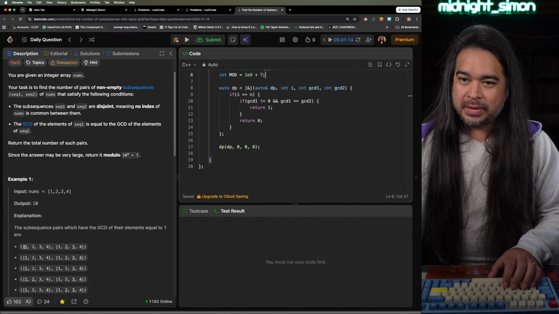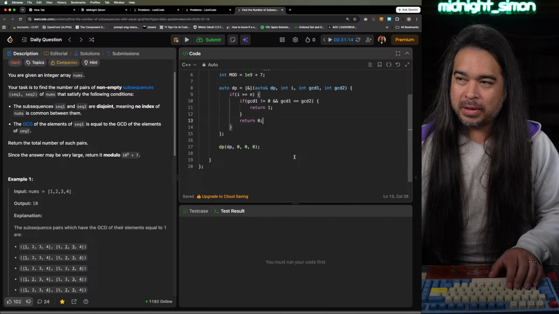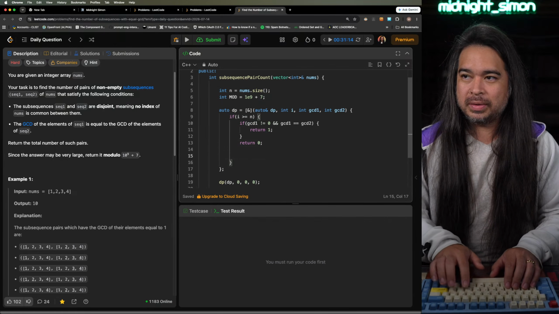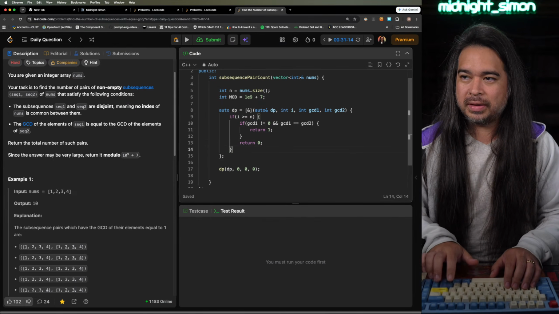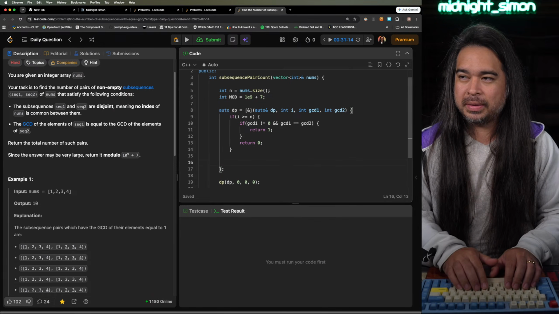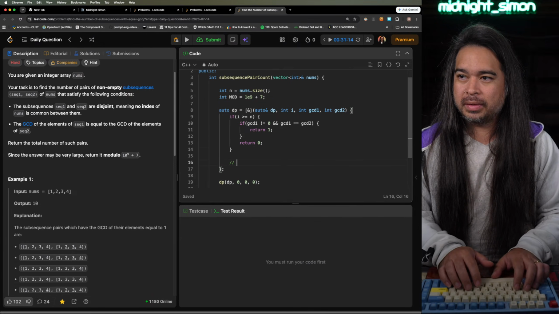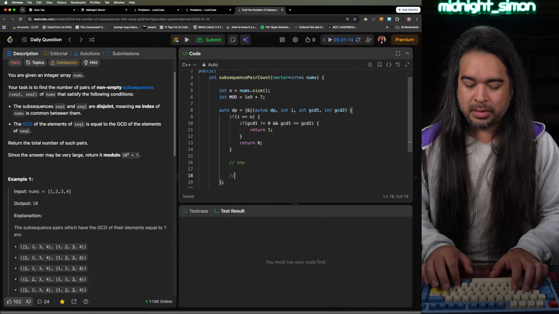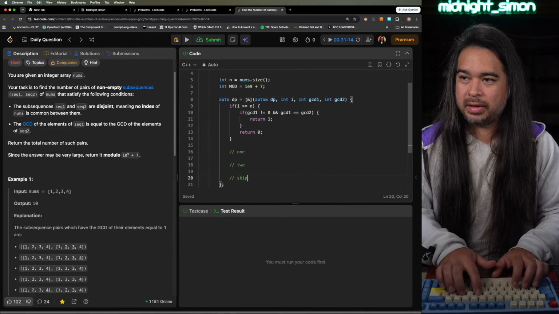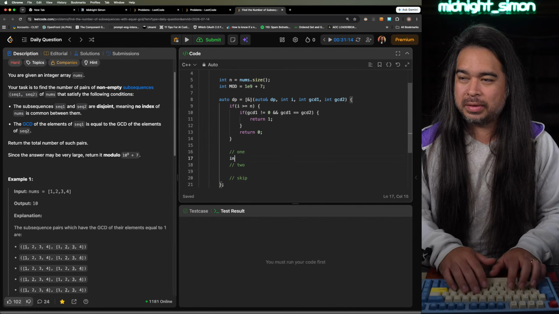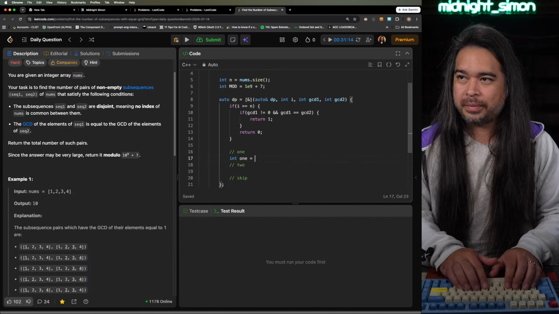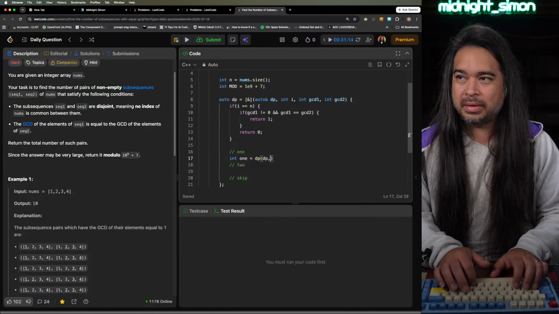And then we just decide whether to put it in this one or in that one, or to skip the number completely. So, not in this if statement. It's gonna be like 1, 2, skip. So to go in 1, I gotta call DP.